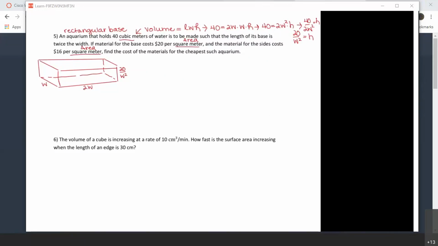Anybody? Guys, there's like 13 of you on. You're trying to find price, cost. Yes, lowest cost. Thanks, Benjamin. Lowest cost. So that means minimize cost.